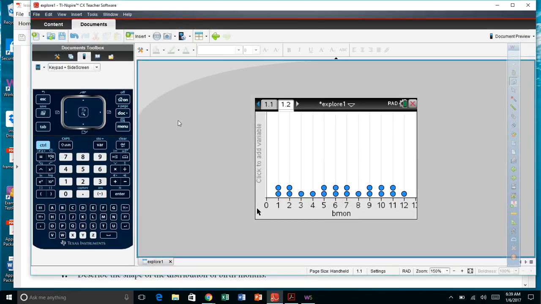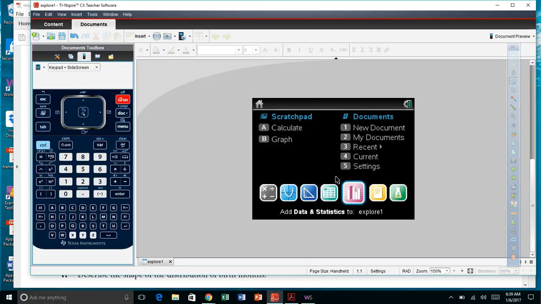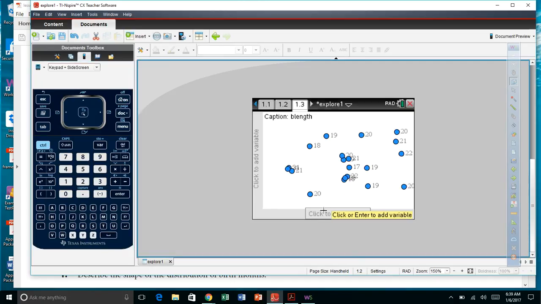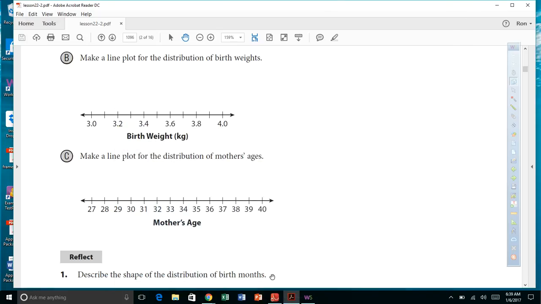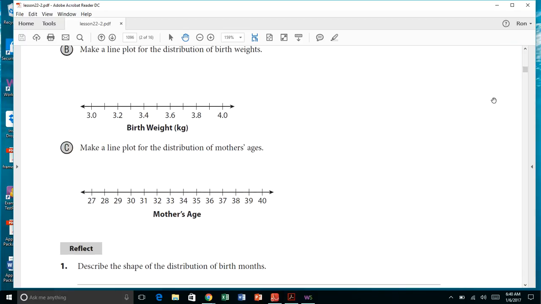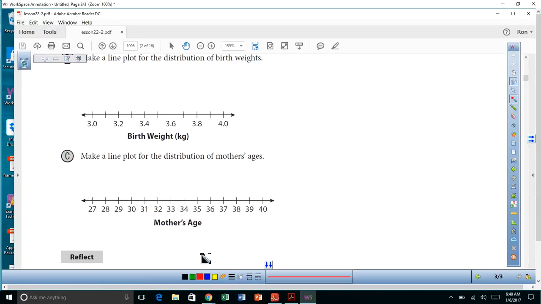We'll just get us a new page here, and we're doing birth weights. B weight. And then there it goes. So that's what that looks like. And to do it on here, let's see.